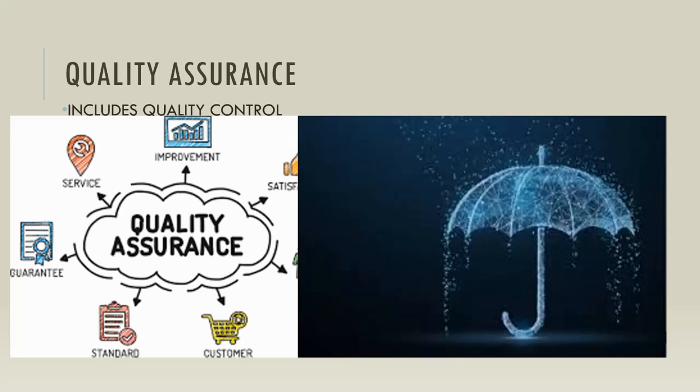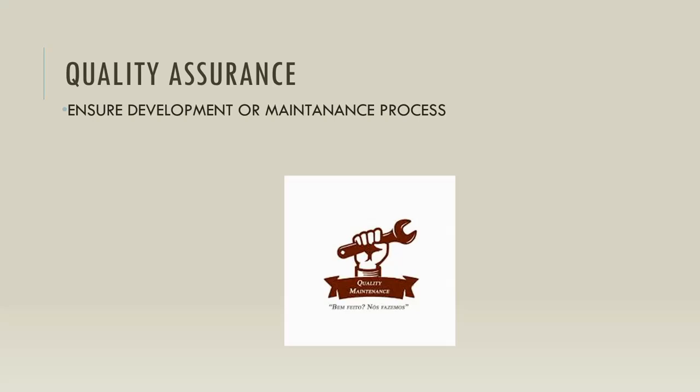The activity may be production, the activity may be HR department, engineering department, sales department, store department, etc. So those are all covered under quality assurance. This depicts the development or maintenance process in a factory that is done through quality assurance.